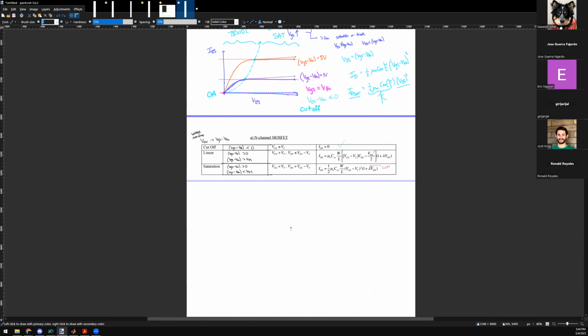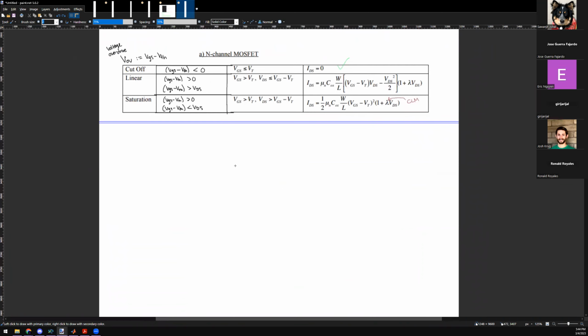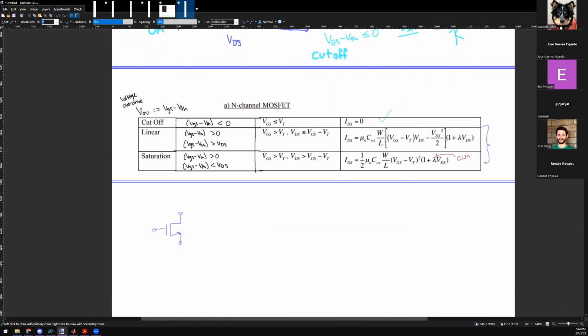So let's say in my MOSFET, unfortunately, these equations are nonlinear. These equations are nonlinear because you see squares of stuff. You see squares of VDS, you see squares of VGS, and yeah, not pretty.